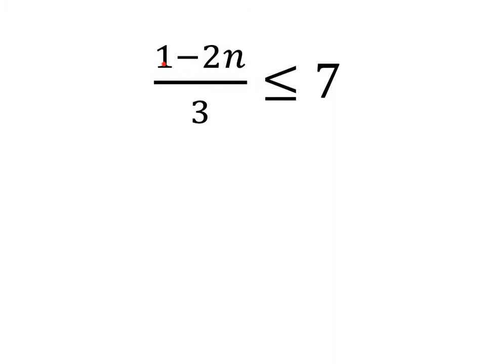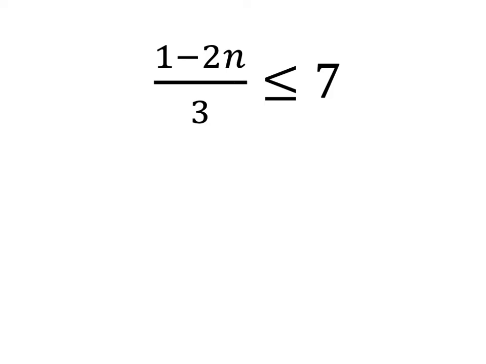So this isn't 1 because it's being divided by 3. It's like this is locked inside parentheses. So we've got to get rid of this 3 first before I can get at the stuff in the numerator, before I can get rid of the 1 and get rid of the 2, sorry.